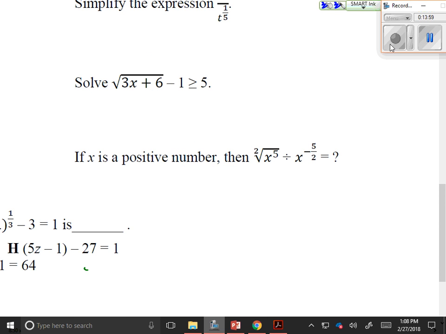So solving this, we need to add 1 first, so that we have the radical by itself on the left side. 3x plus 6 greater than or equal to 6. Then I can square both sides. That will kill the radical.